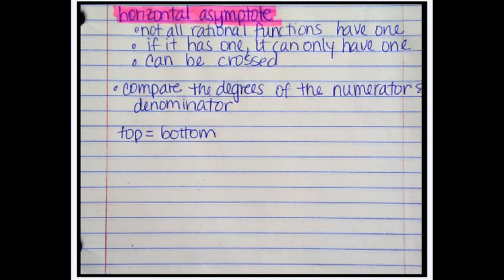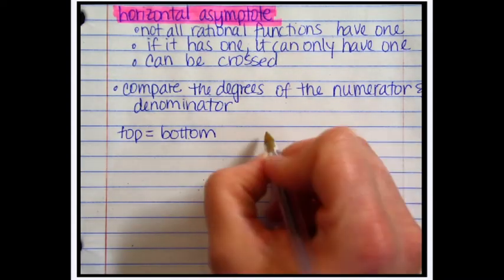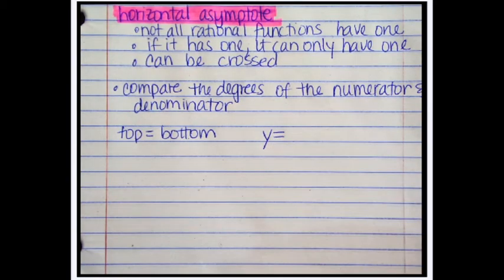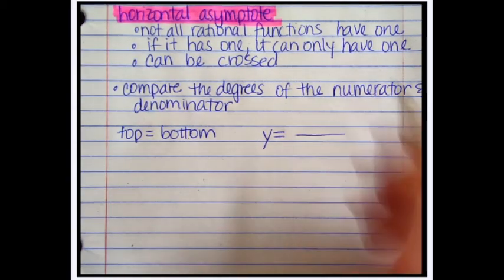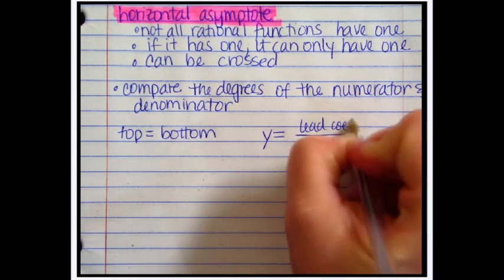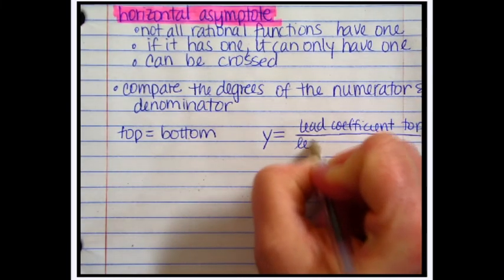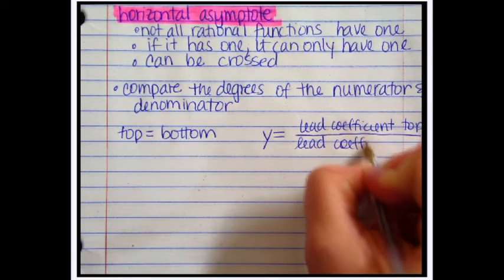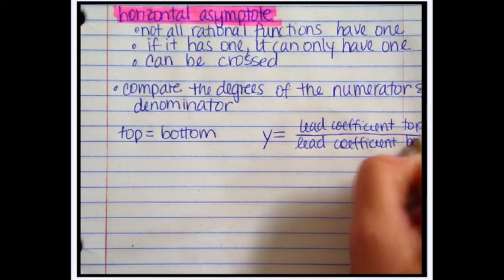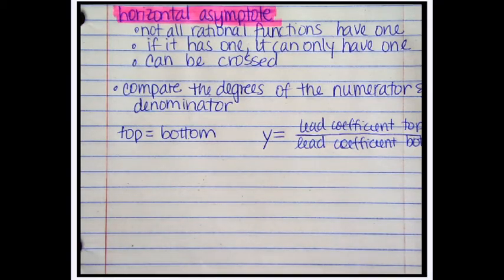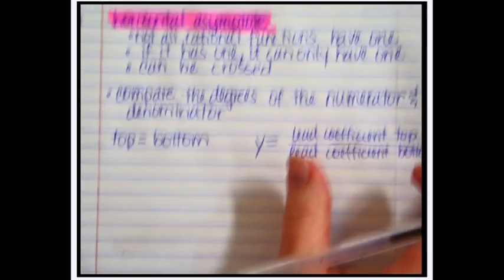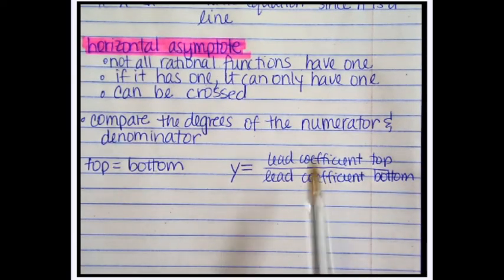What happens here is you will have one, and it's going to be y equals a ratio: the lead coefficient of the top over the lead coefficient of the bottom. So it is going to be in the form of y equals a number. You're going to have a number on top and a number on bottom, and reduce as needed. So that's scenario 1 when the degrees are equal.